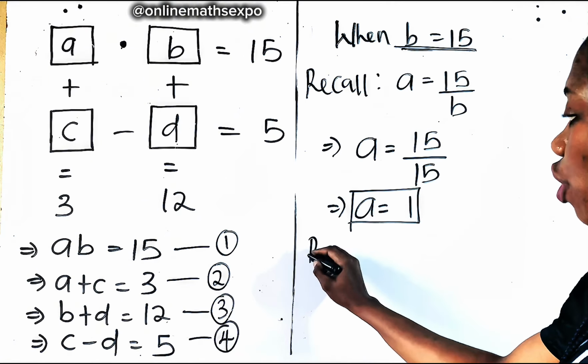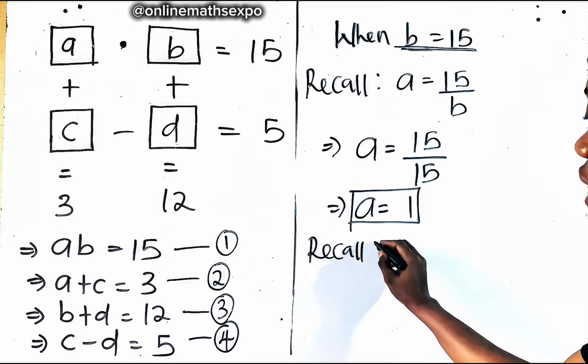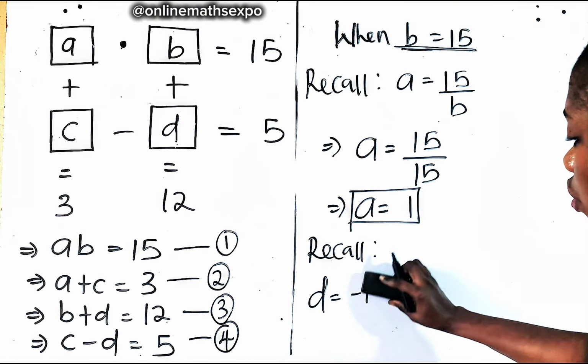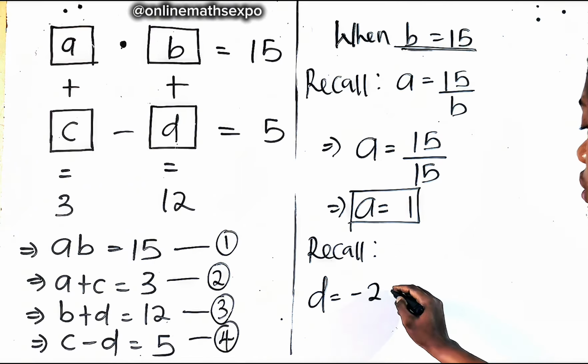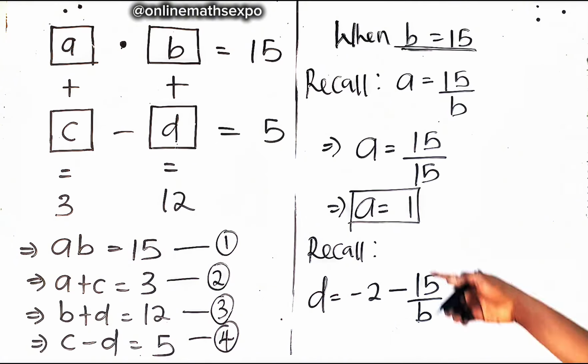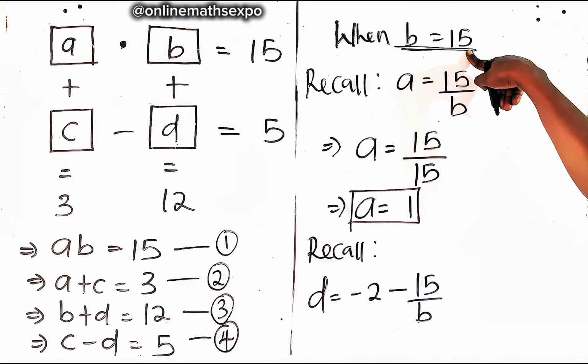We also need to recall the second statement, that d is negative 2 minus 15 divided by b. So what do we do now? We replace for when b is 15.